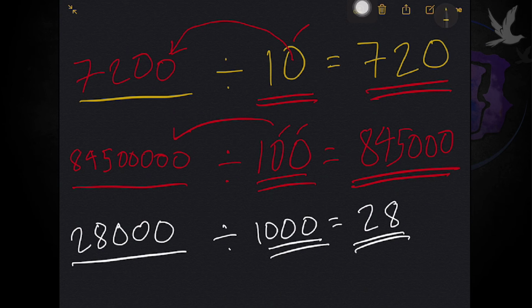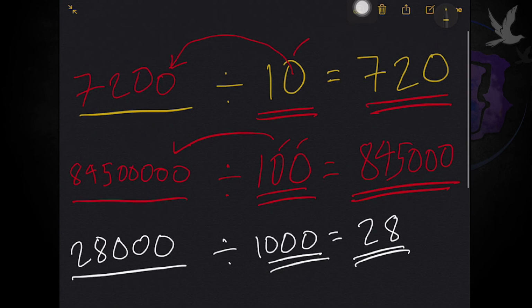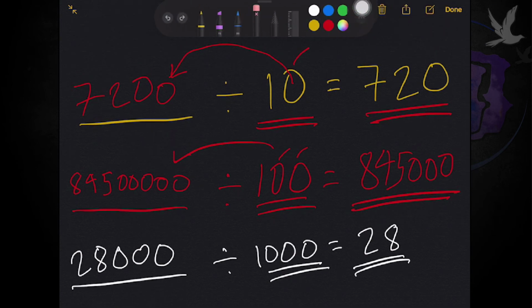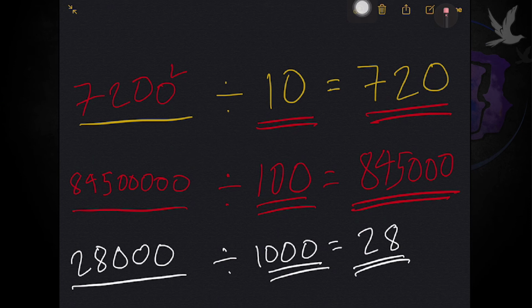So just to double check our answer, just to check no kung tama ba yung process natin, let's remove the other processes here. So let's try to do what you have learned earlier, yung sa pinaka first step natin. 7,200 divided by 10, only 1 zero.